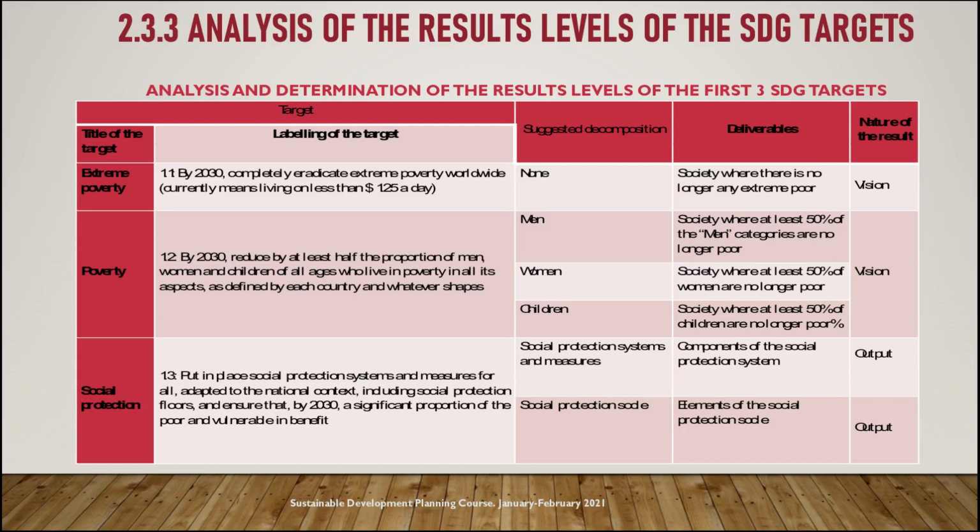So in this table, you can see in the first column the title of the target. In the second column, the phrasing, the labeling of the target.